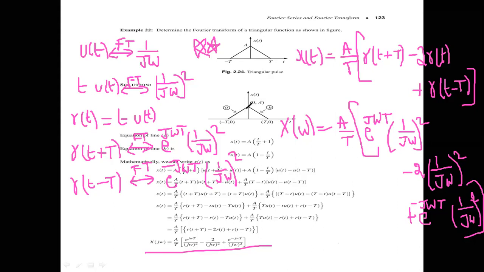First of all, you can find the line equation of A here and the line equation of B with the points minus T0, 0, A and T0, by using the formula y is equal to mx plus c: y minus y1 is equal to y2 minus y1 by x2 minus x1 into x minus x1, where y is the x of t and x is the t value, and the remaining are the points x1, y1 and x2, y2.